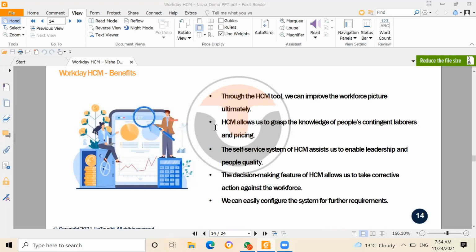The supply is not there, demand is more in the market right now, and they are giving the smartest package for Workday people. Workday people are earning very well these days. Actually, the market is on boom right now.